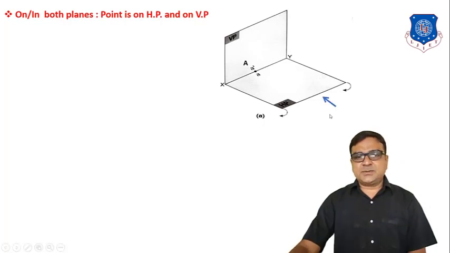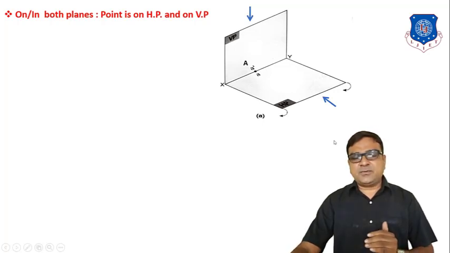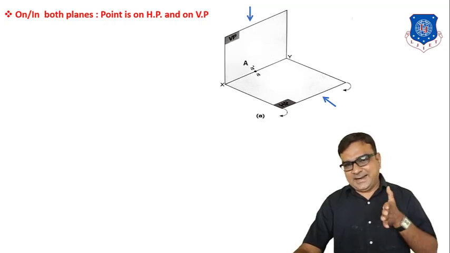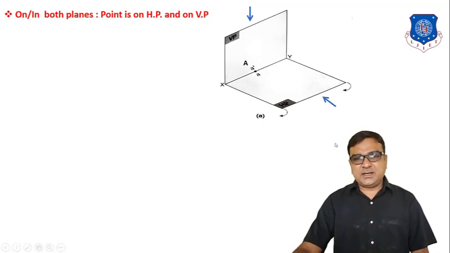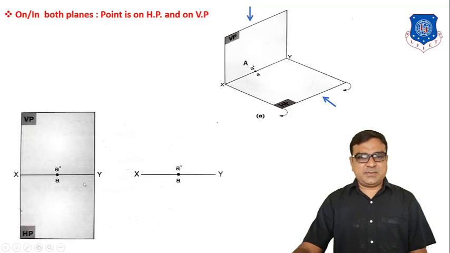When you observe from the front, the projection of A on the vertical plane is A dash, and from the top the projection of A on the horizontal plane is denoted by small a. So the front and top view of point A are both at the same position on XY. If you rotate the horizontal plane and look at the front and top view both, you will get this type of view: XY on which A dash and A are both situated.